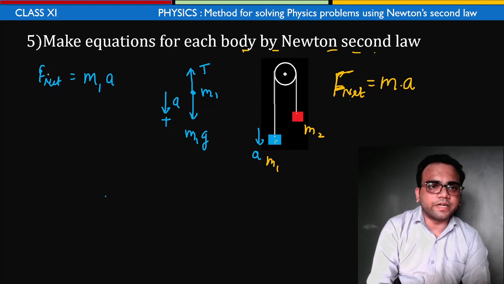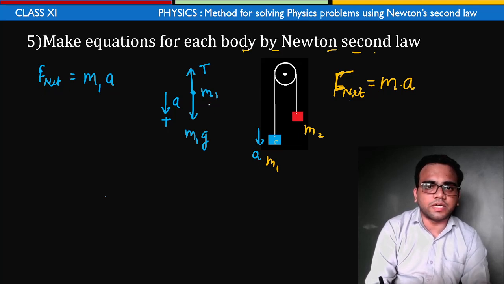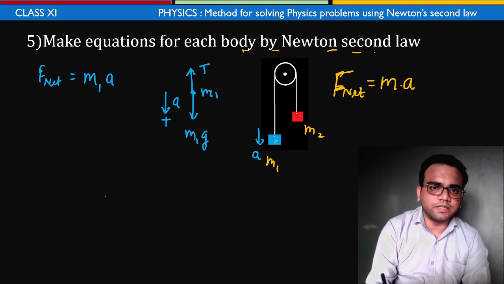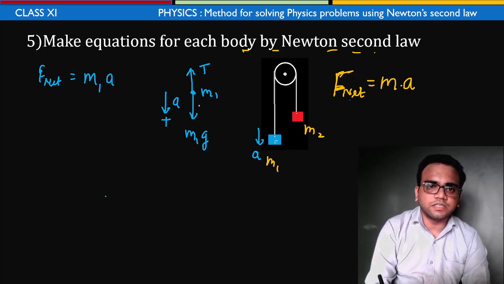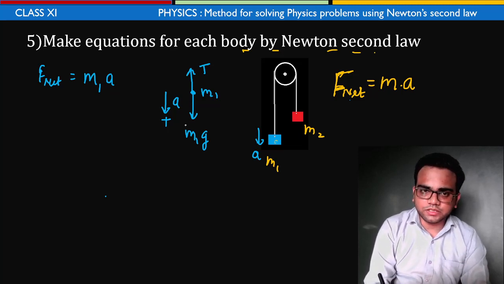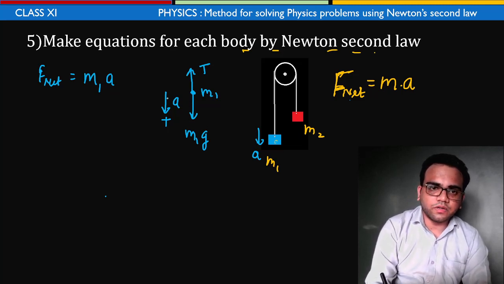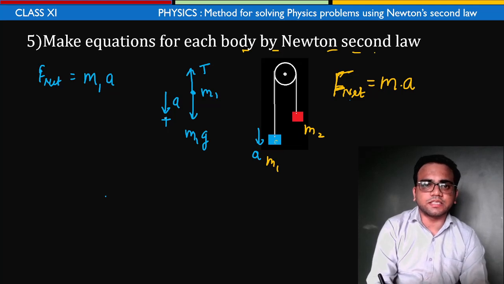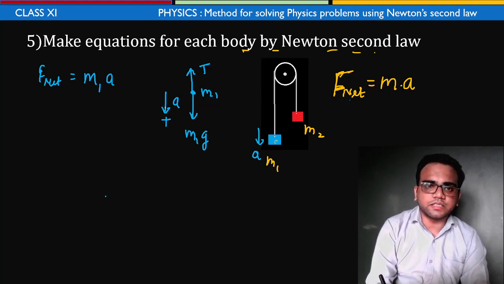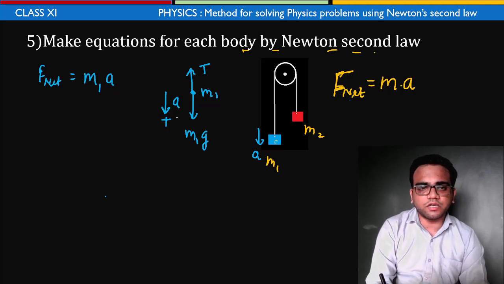So what is the net force on M1? You can see here tension is upward and M1G is downward. We are considering the downward direction as positive, because the acceleration is in the downward direction.